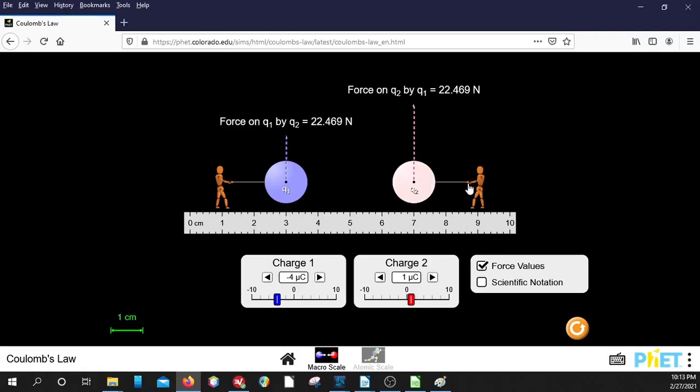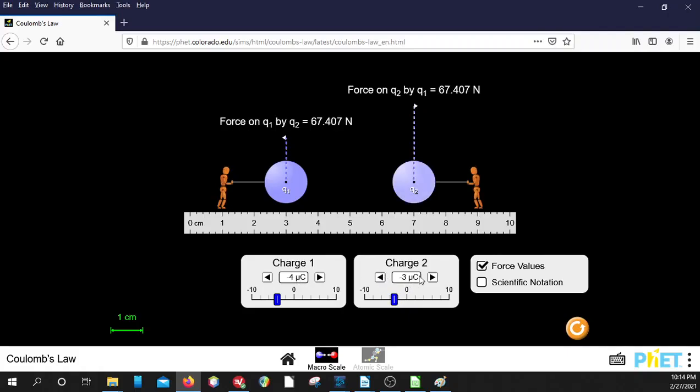And then if we go to 1, 22.5, that's exactly what I had before. But look at the arrow. Now it's attracted. So, like, these are basically negative values. So if we go back to, like, say, negative charge, and again, it's like this because charge 1 is negative.